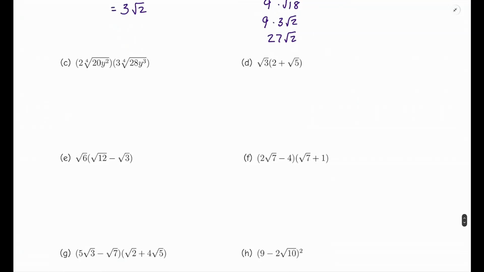Part C. 2 fourth root of 20 y squared times 3 fourth root of 28 y cubed. I need factor trees for 20 and 28.